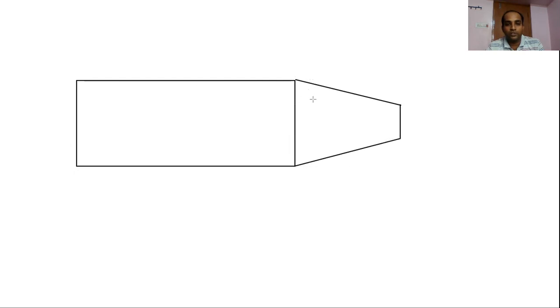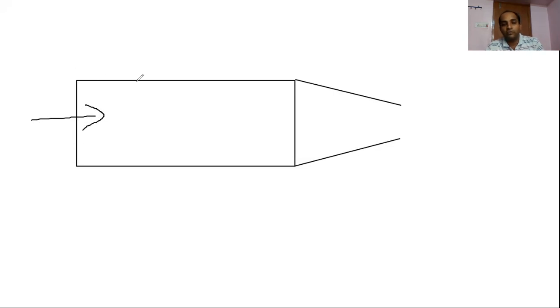So if you observe this particular point, you can see initially the water enters through this section at a speed of say 50 meters per second.